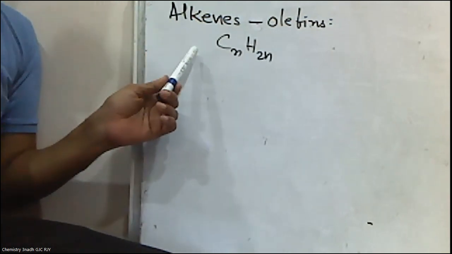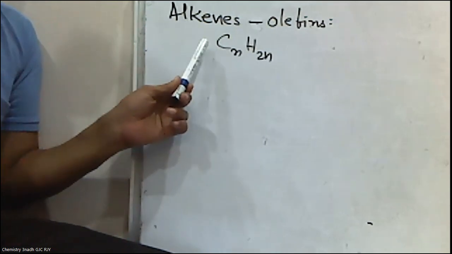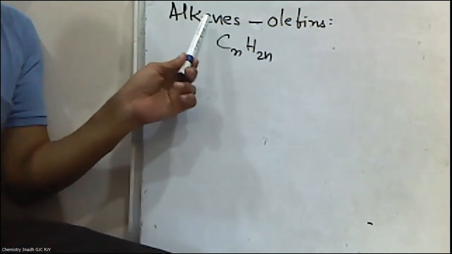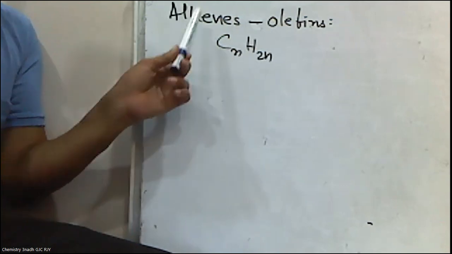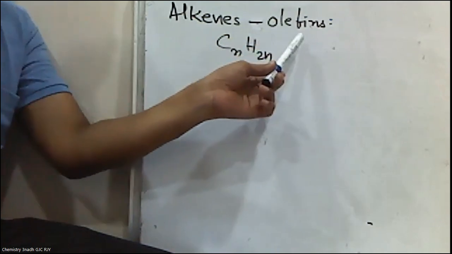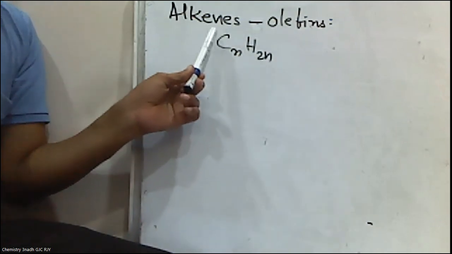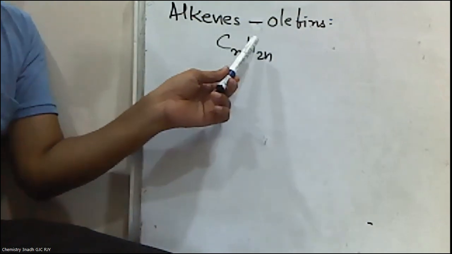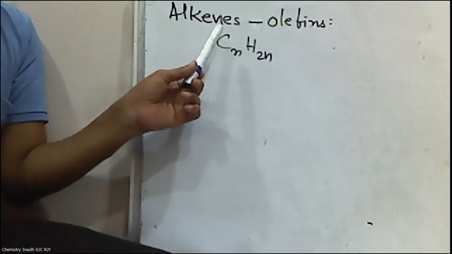Alkenes are the unsaturated hydrocarbons containing a carbon-carbon double bond, and their general formula is CnH2n.